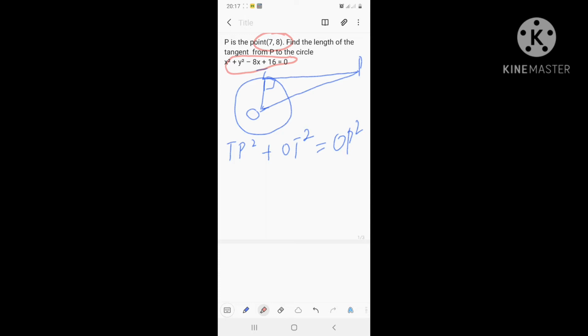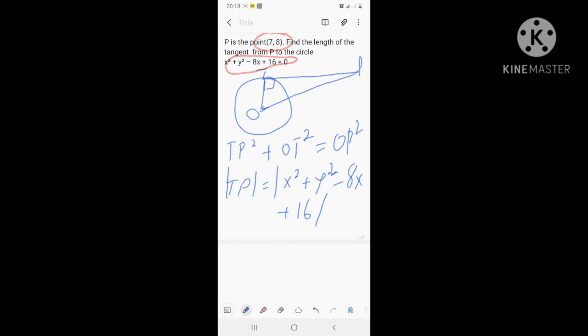So the length of the tangent TP is equal to the absolute value of x squared plus y squared minus 8x plus 16 at the point (7, 8).